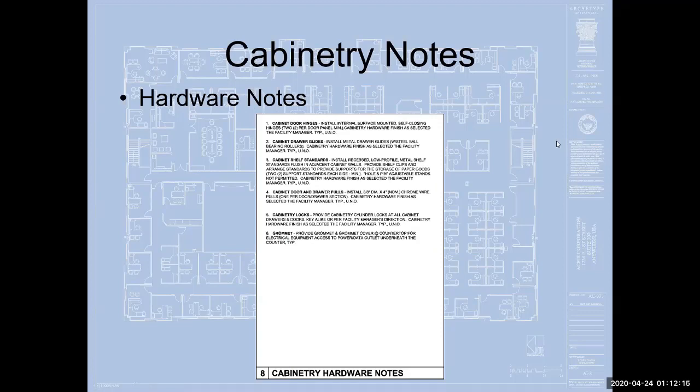We also identify in that information our desire for the types of requirements for it. So, for example, we identify that we want these recessed, low-profile metal standards, and oftentimes they blow us off.